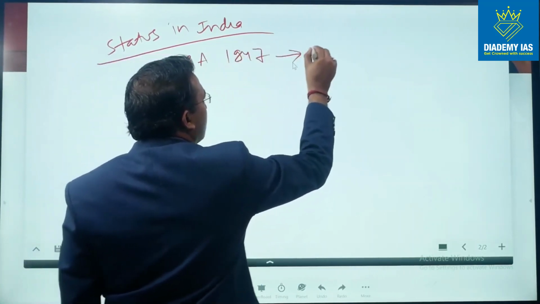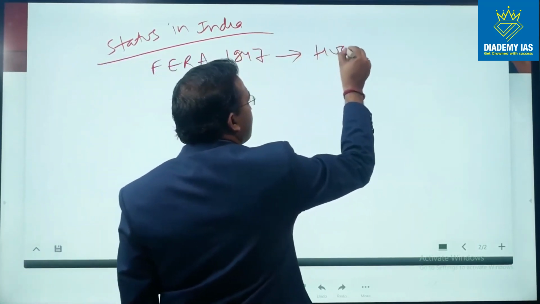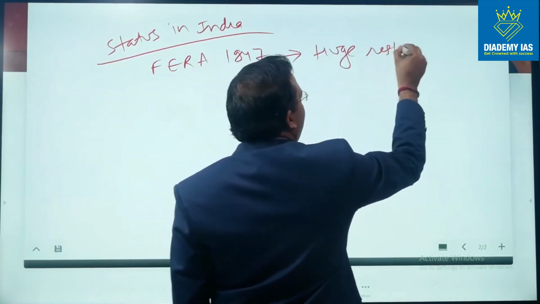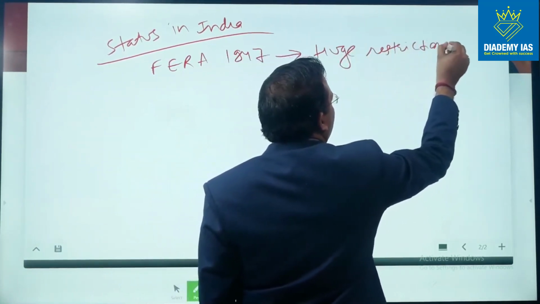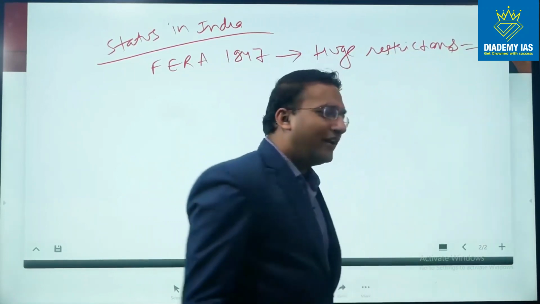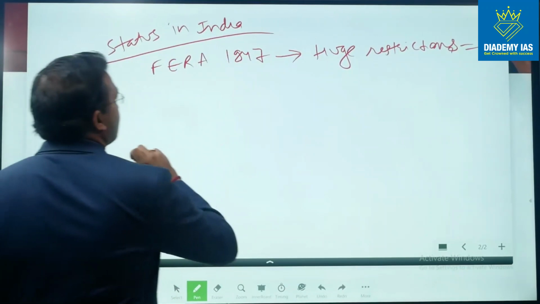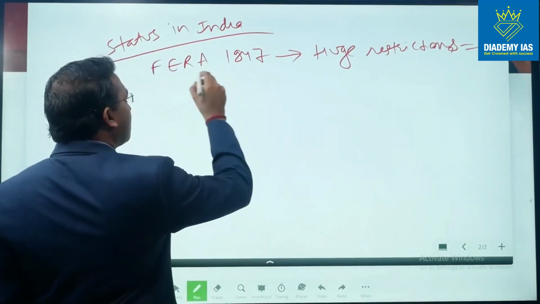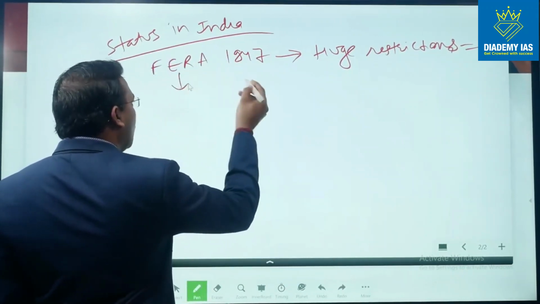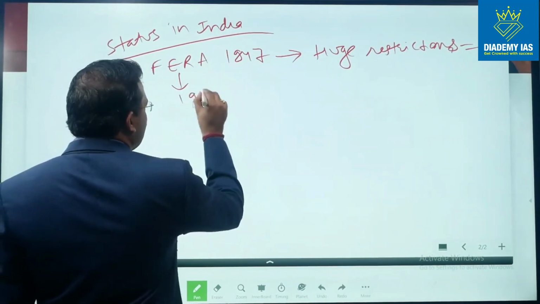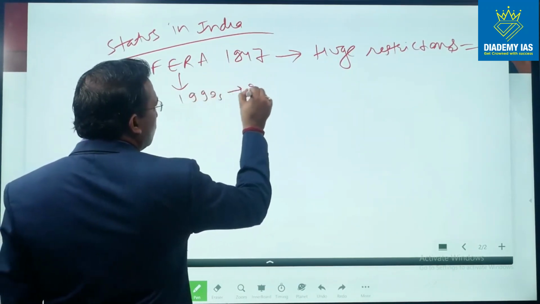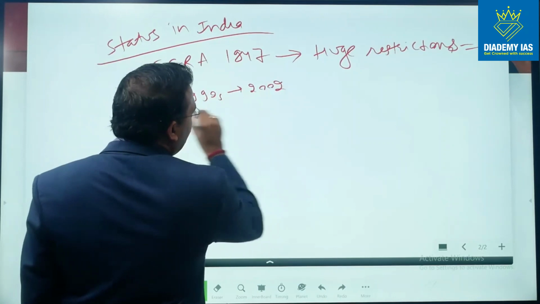Under this, we put some huge restrictions. So at that time, we were a very closed economy. We were not that much open. So there were huge restrictions. Later on, this got diluted in 1990s and finally in 2002, and now we are quite liberal, right?